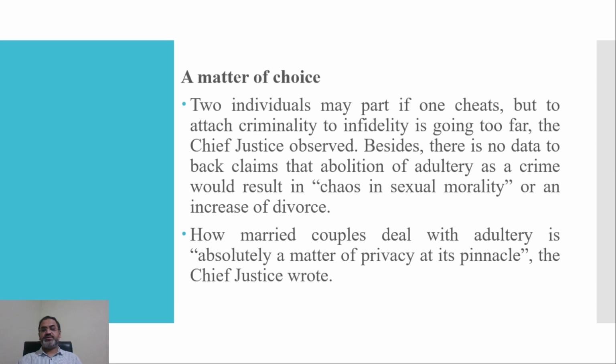Even if one of the spouses in a marriage decides to take divorce, the court is saying this is also something which is personal, even if it is based on adultery. It's covered by the right to privacy.